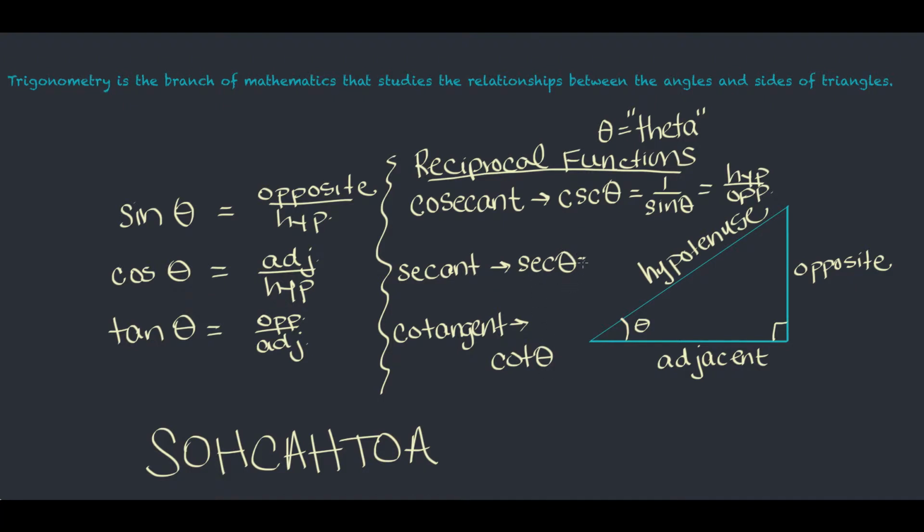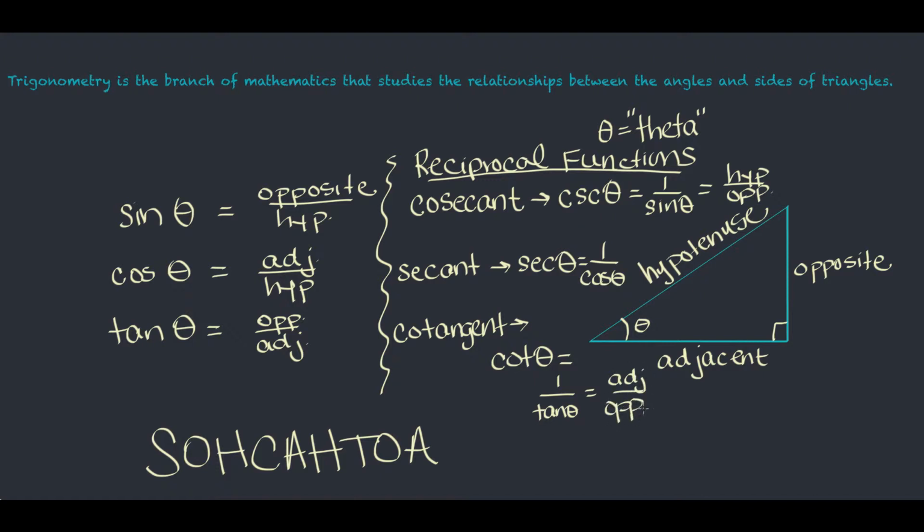Likewise, the secant of theta is the reciprocal of cosine, and I'm running out of room, but that would be hypotenuse over adjacent. And cotangent is the reciprocal of tangent, which instead of being opposite over adjacent for tangent would be adjacent over opposite.